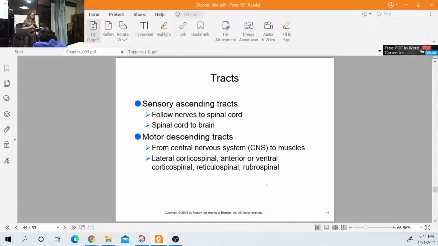Where you cross over, the sensory information crosses over sides and has to reach a secondary neuron before that information goes to the thalamus, where it gets processed. And a third neuron goes to the parietal lobe of your cerebral cortex. This is called the internal capsule.